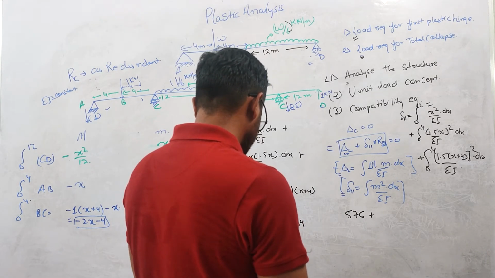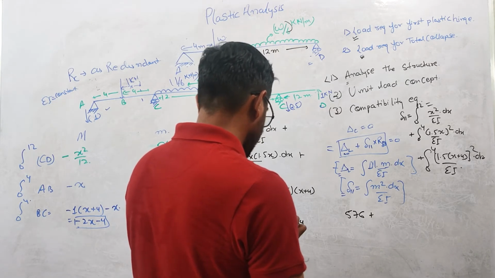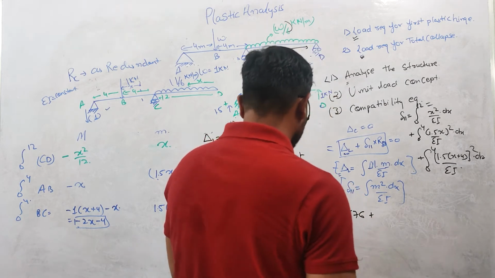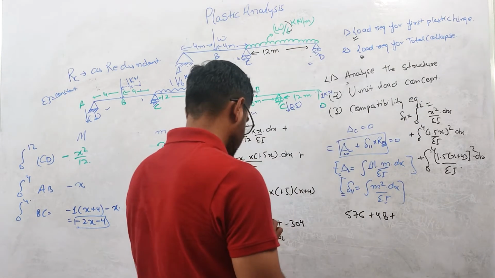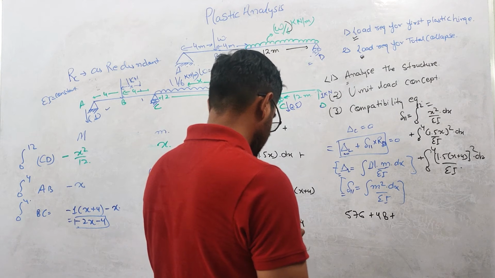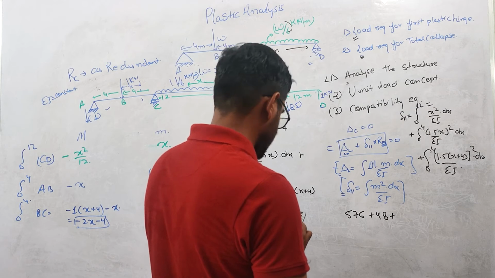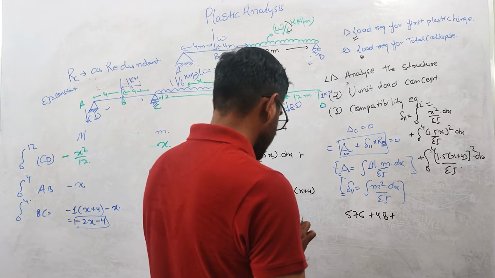0 to 4, 1.5 square. This is 48 plus 1.5 into x plus 4.